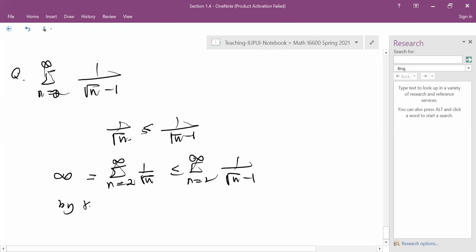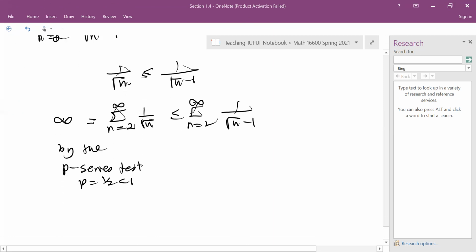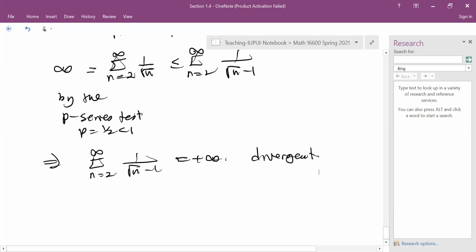This is by the P series test. P is going to be 1/2, which is less than 1. So that forces the sum on the right-hand side to be infinite, and this implies it's divergent.